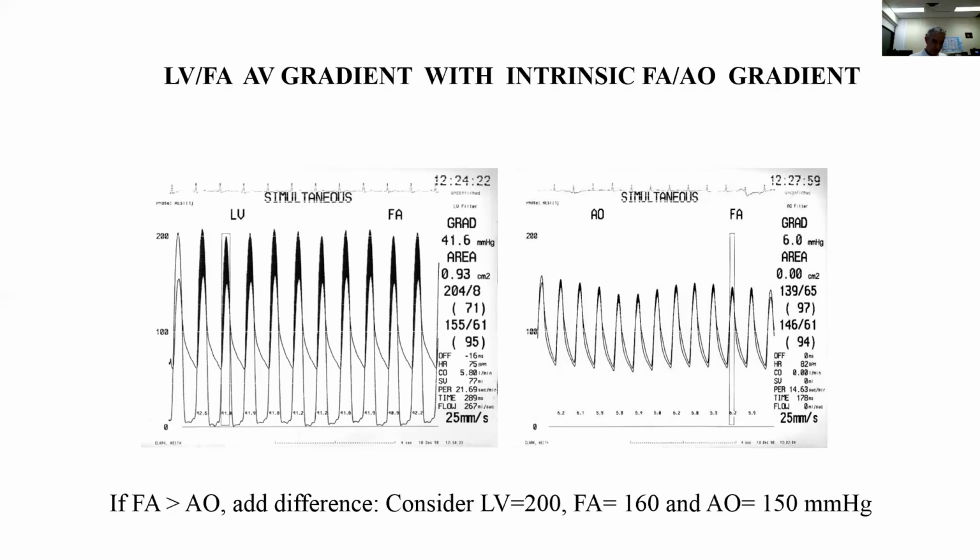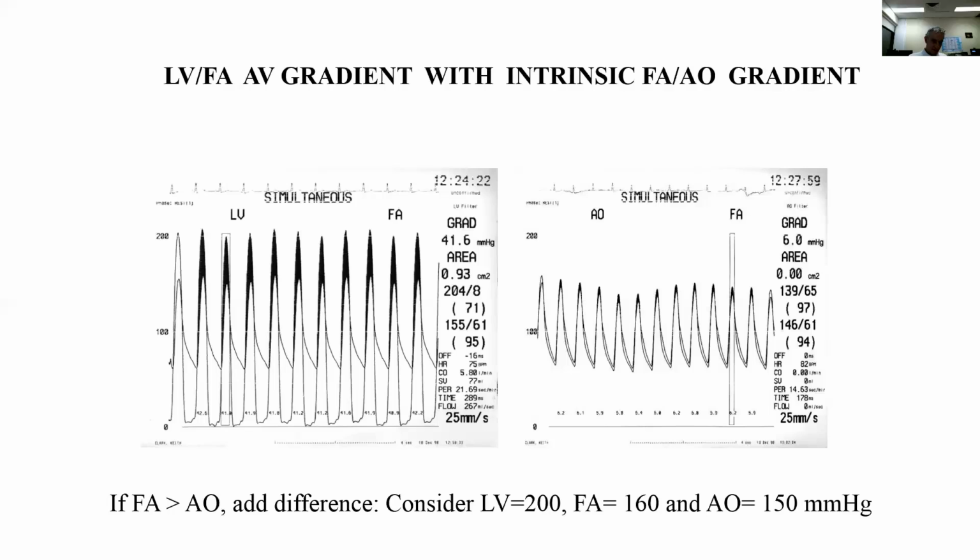But if you're measuring the femoral artery trace and that femoral artery is 160, the gradient you're measuring here is only 40. So if the femoral artery pressure is greater than the aorta, and you can establish that after the pullback, then you have to add that 10 millimeter difference between the two to get the true gradient.